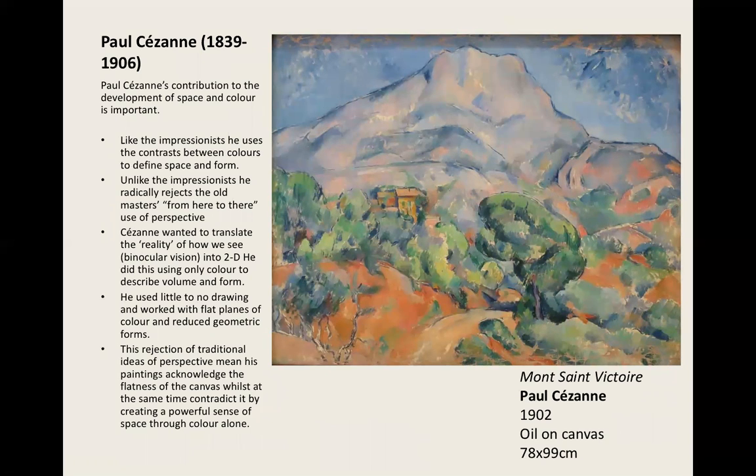It really is important to think about what Cezanne was doing, because he's often considered to be a post-impressionist alongside people like Gauguin and Van Gogh. Cezanne's the other big name. He is rejecting perspective.